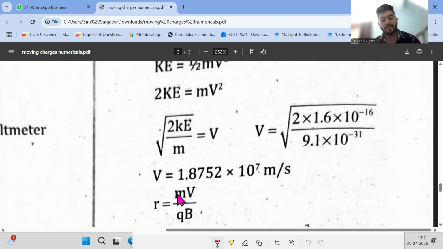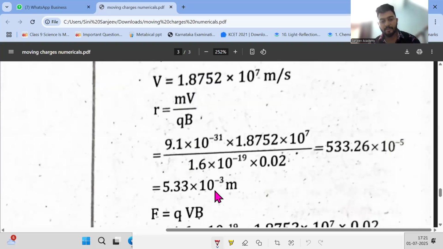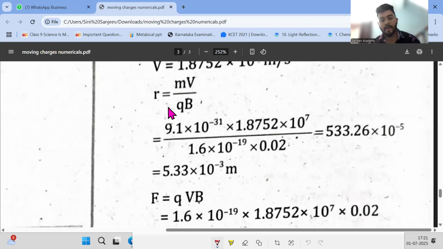Okay. And also we know momentum P is equal to mass into velocity, mv is equal to BQr. So the formula for r is mv by BQ. Substitute everything and you'll be getting the answer for r.